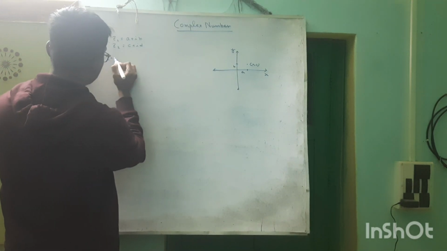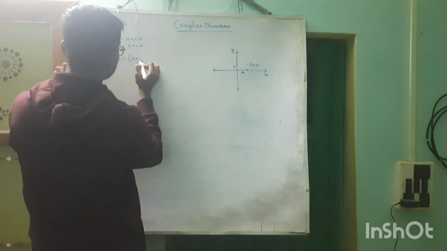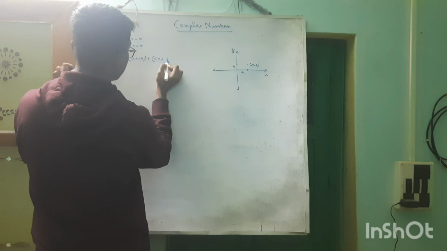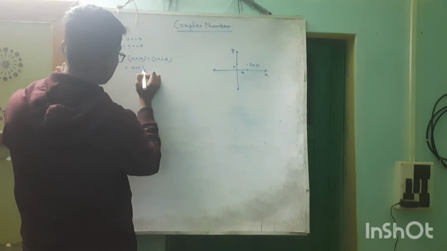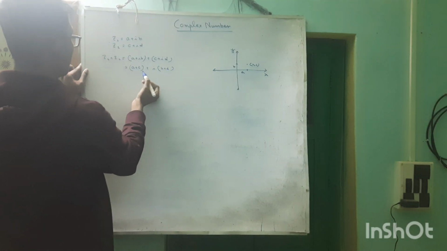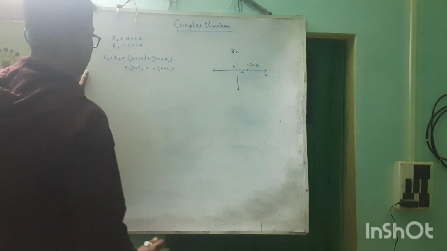That is Z1 plus Z2 is equal to a plus ib plus c plus id. So that is a plus c plus i(b plus d). So this is the real part of that addition and this is the imaginary part of that addition.